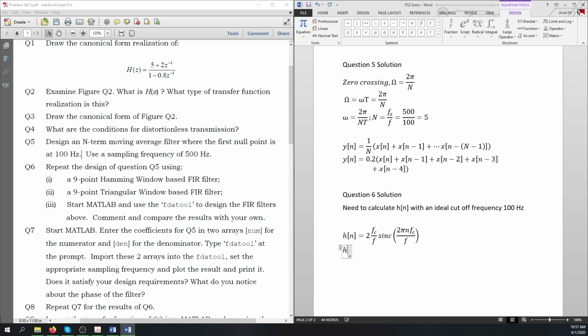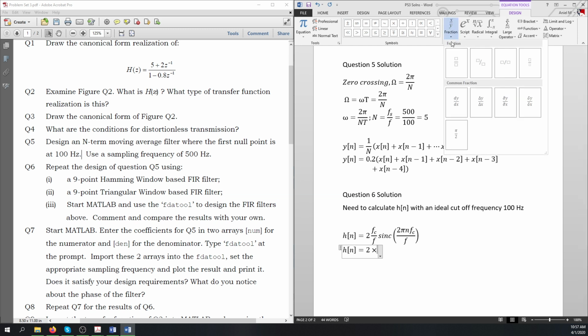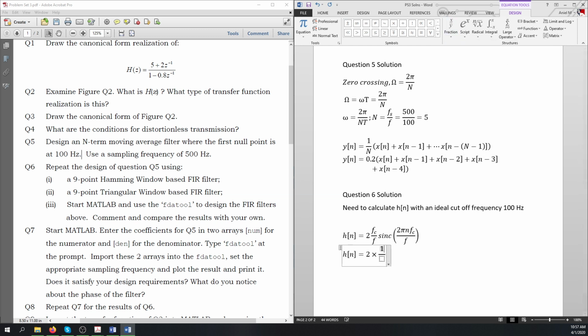If we substitute in all coefficients here accordingly for fc and f, this is going to be 2 multiplied by, and if we put fc and f here, which is going to be 100 divided by 500, and then we say this is going to be sinc of what we had in our brackets here.